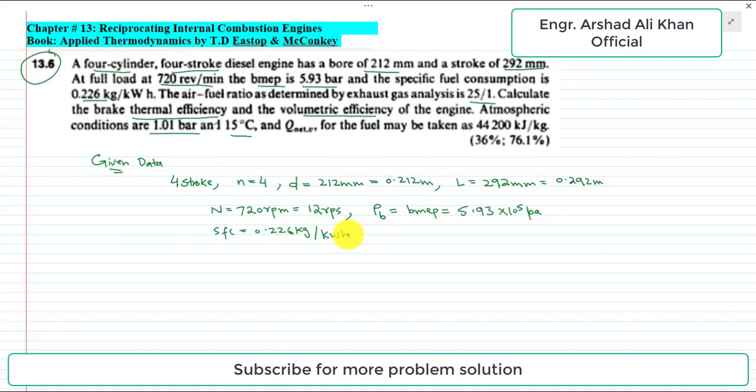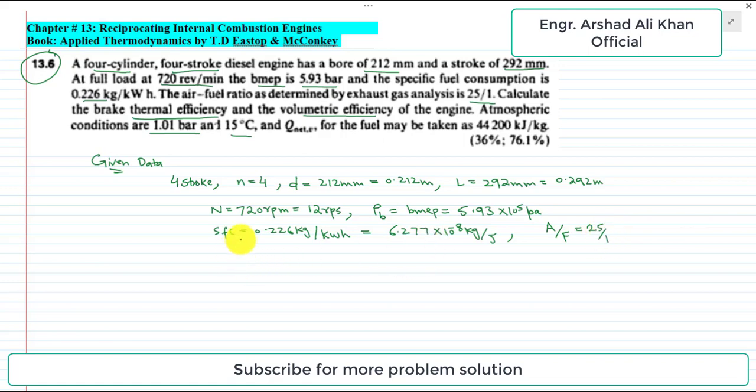If we convert it to kilogram per joule, we will divide it by 3600. So dividing it by 3600, we get 6.277 into 10⁻⁸ kilogram per joule. Air fuel ratio A by F is 25/1.